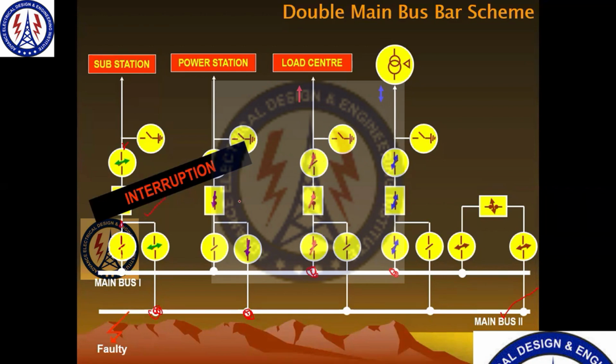So these two circuit breakers along with this bus coupler circuit breaker will trip. And the other two feeders which are connected to bus 1 are still in healthy condition. So this is, you can say, single bus bar mode. If you remember the sectionalizer bus bar mode, correct?